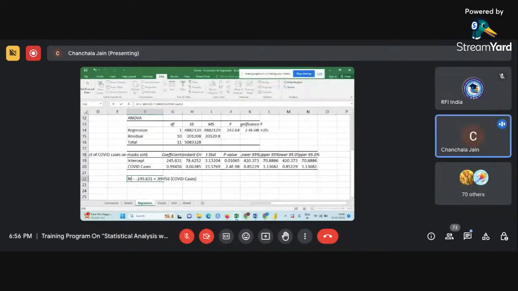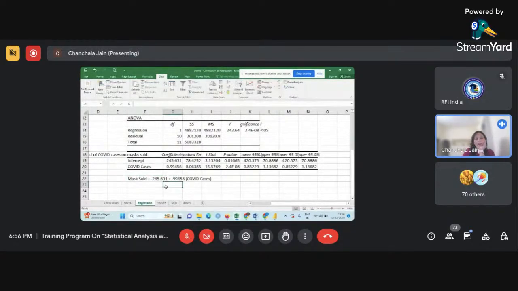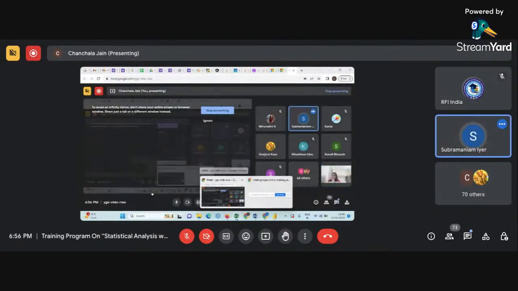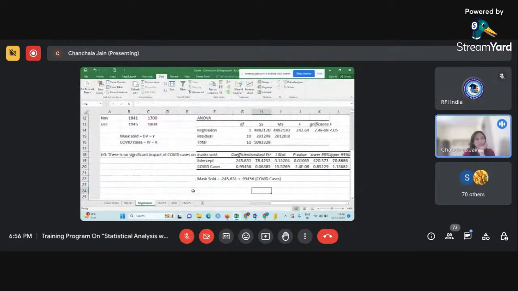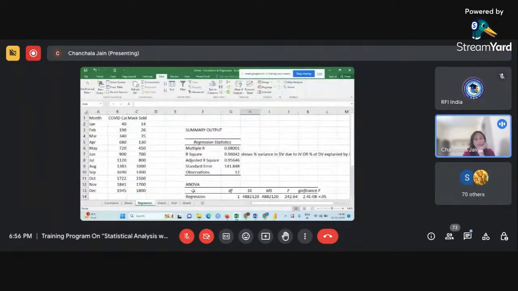This would be our line. Now, if I want to predict how many masks were sold when the COVID cases were a given number, I can put the COVID cases number here, multiply it by this, and subtract this figure, so I can do the prediction of the masks sold. Clear to all? Fine. So this is known as your simple linear regression.